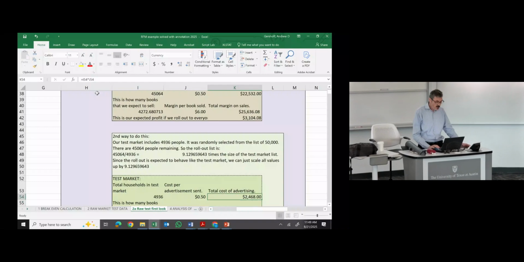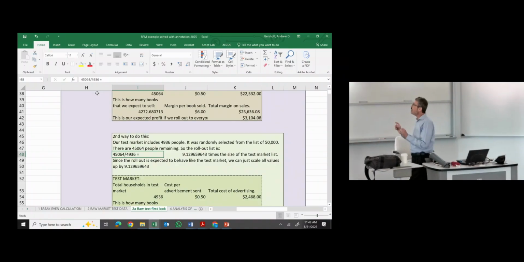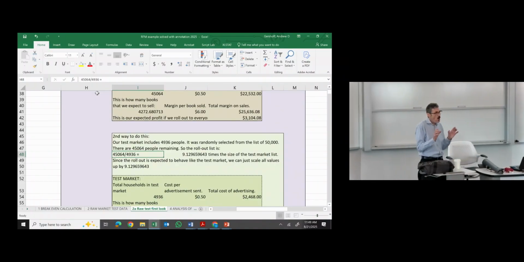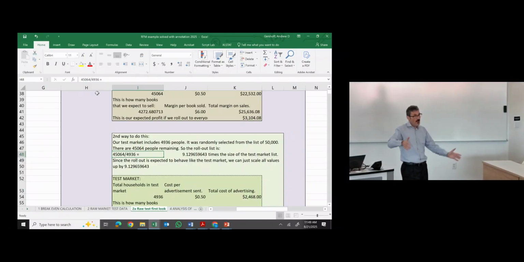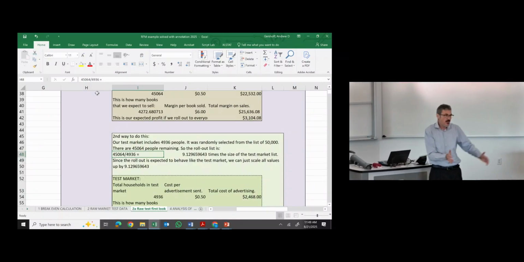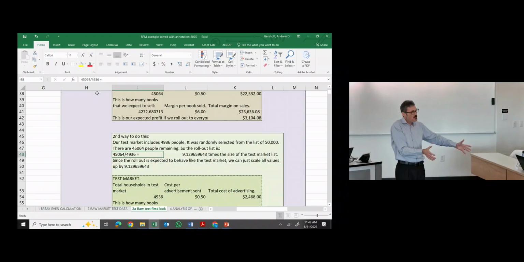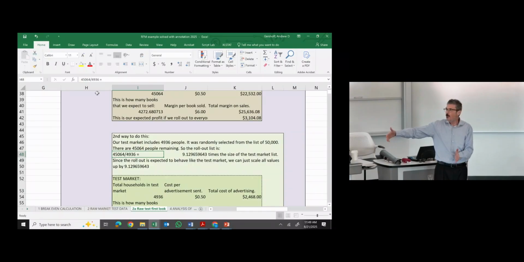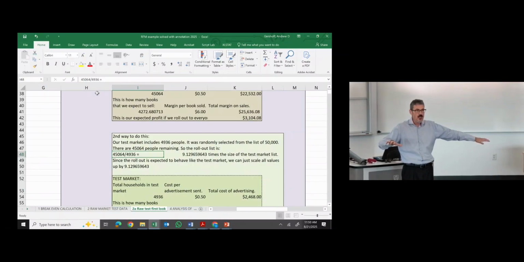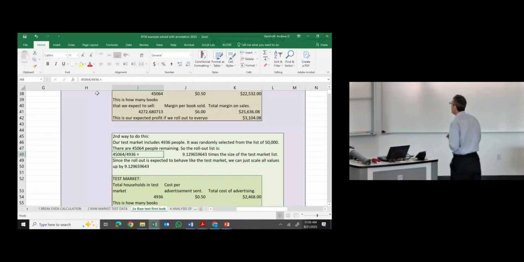Another way that I might approach this, and again, I've not done anything with pivot tables yet, I'm just using some logic. I can think about how much larger is that rollout sample relative to my test market. My test market was about 10%, so 1 of 10 pieces. The remaining group of people that have not seen the advertisement must be about 9 pieces, so it's about 9 times larger. And in fact, I can calculate it exactly.